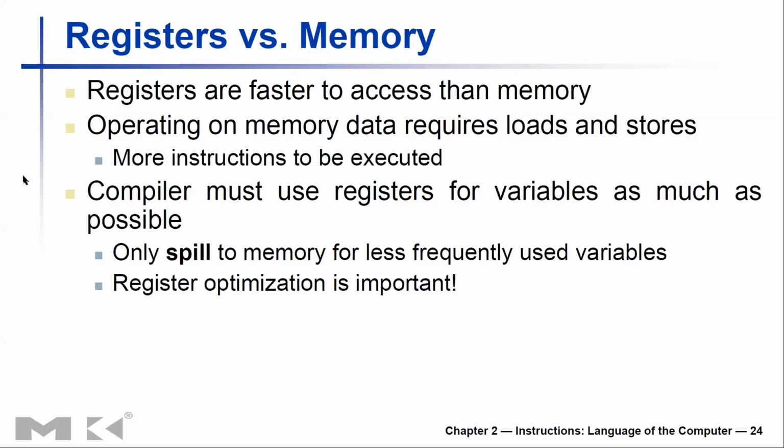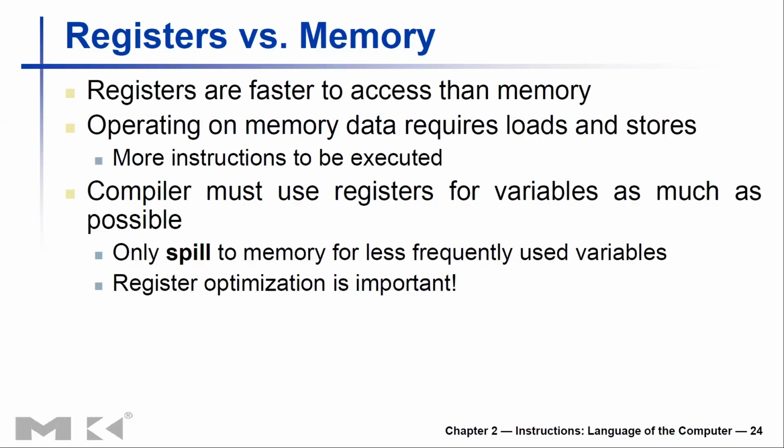That means you need to execute more instructions, and more instructions take more time to run your whole program. So the compiler must use registers for variables as much as possible, because memory accesses are costly and consume more time.